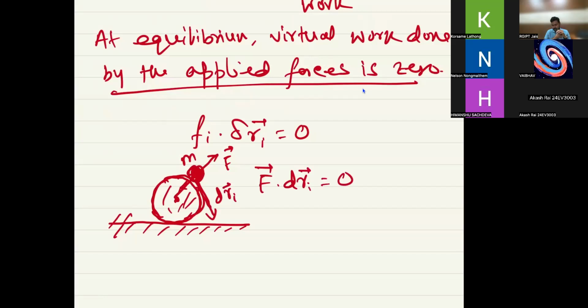So this is one example. Can you come up with one similar example where these forces of constraint do some work? As a hint, it has to be a dissipative system, not a conservative system.